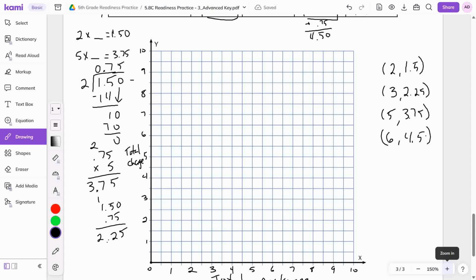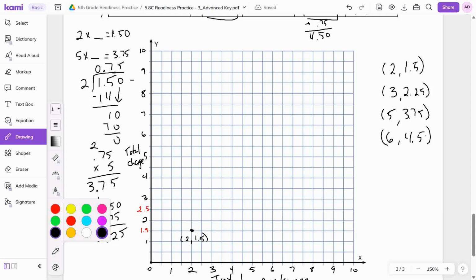So let's look at my first number, 2 and then 1.5. So here's my 2, but look, my 1.5 actually lands on a line because I gave myself room for it. There's my 1.5. So we can just label this 2 and then 1 5/10. 3 and 2.25. So here's my 3. Now 2.25 doesn't land anywhere, but if I'm going by 25s, the 2.25 is going to be in between the 2 and the 2.5. Think of it like $2, $2.25, $2.50.